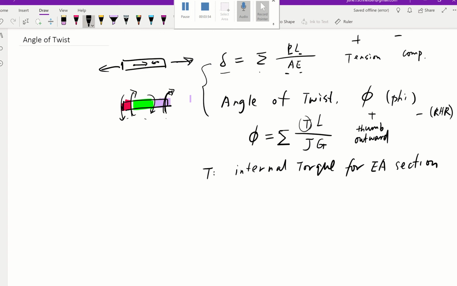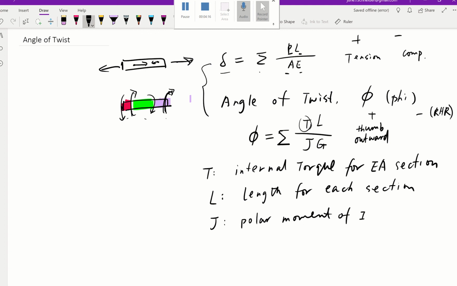And L is the length for each segment or section. Then we also have J, no need to explain, the polar moment of inertia, and our G is going to be our shear modulus.